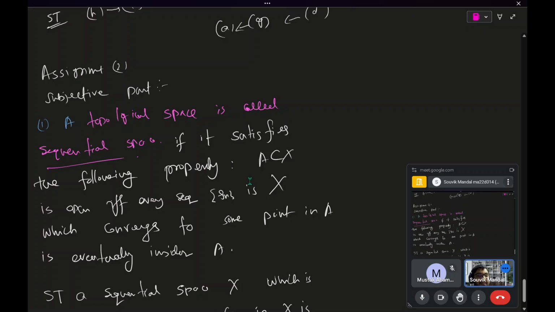Compactly generated means X can be written as a union of compact sets. So this is what we mean by compactly generated.